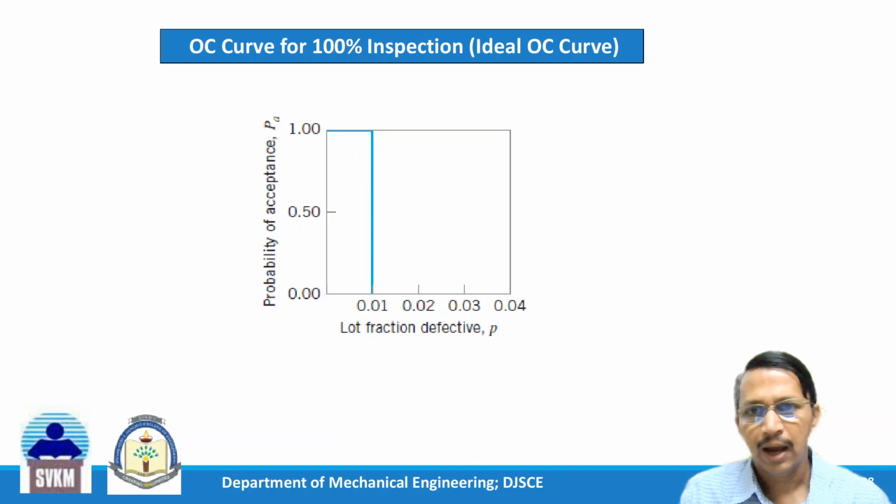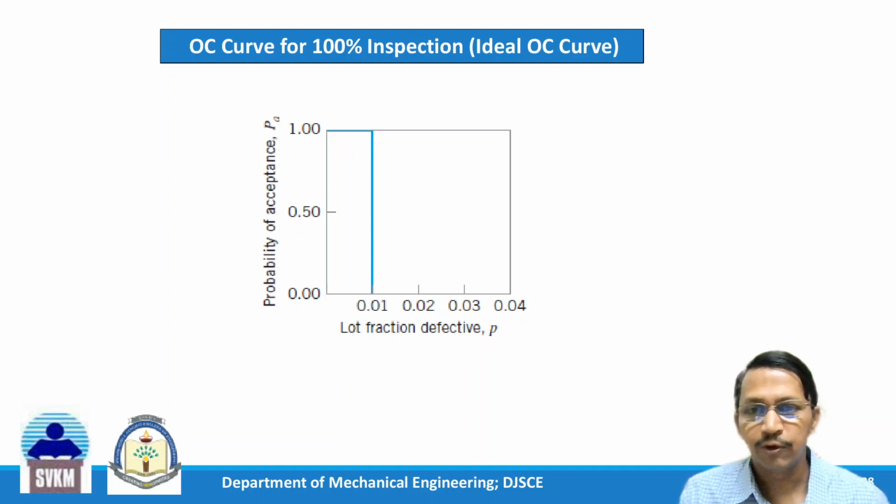Once you attain this fraction defective, which is the limiting one, what is happening? Suddenly it comes down, so 0% probability of acceptance at the limiting lot fraction defective. And anything beyond this, what is the probability? 0. So this is actually a vertical line. This is the ideal OC curve.